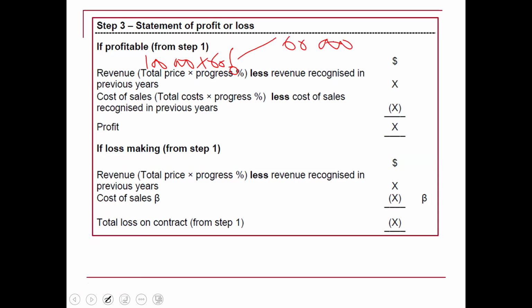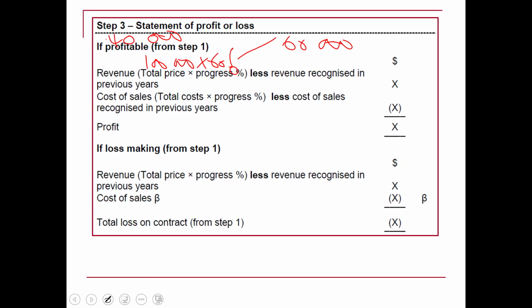But remember, we are doing this every year. So if last year we were 40% through, it means last year we would have recognized revenue of 40,000. If this year we are 60% through, it means within the 60%, there's 40% we did up to the end of last year. So what we actually did this year is 20%.